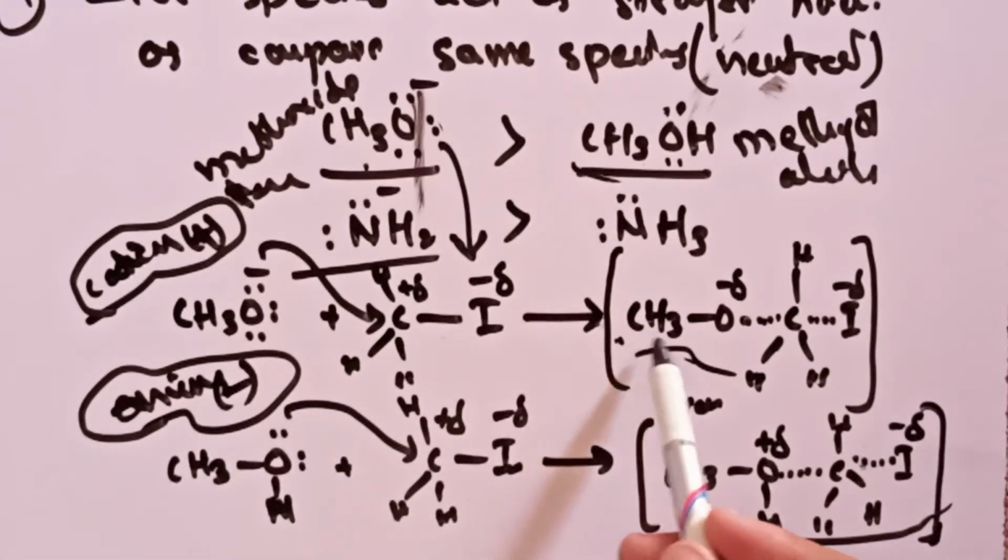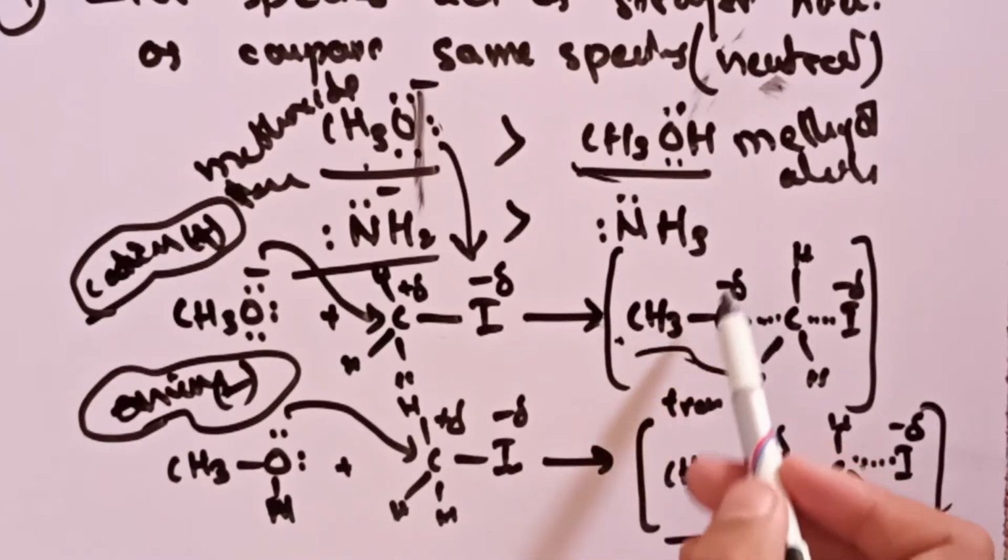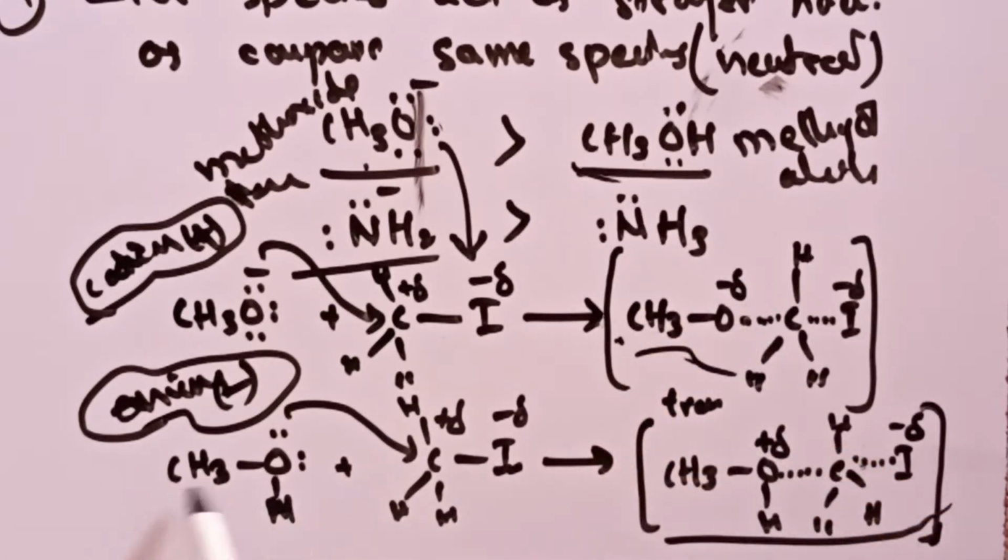So here is the same situation: CH3O is an electronegative element, and it gets a partial negative charge, while in case of methyl alcohol, when it attacks methyl iodide in an SN2 reaction, a positive charge comes on the oxygen atom, that's why it acts as unstable.